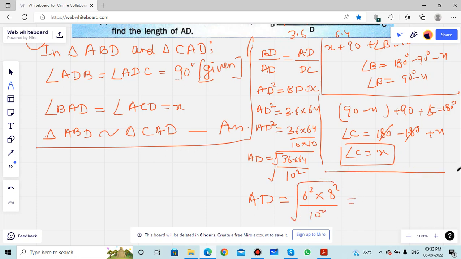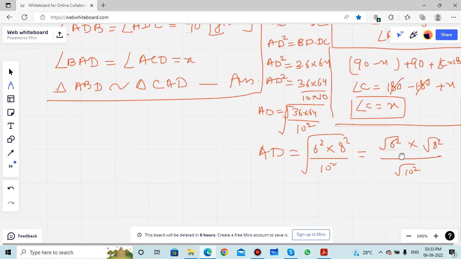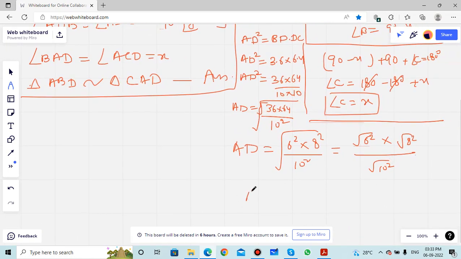We can separate that. It will become under root of 6 square into under root of 8 square upon under root of 10 square. Square root for all of them. So you will get AD is equal to 6 into 8, so 8 6s are 48 upon 10, that is 4.8, and that's the answer here.